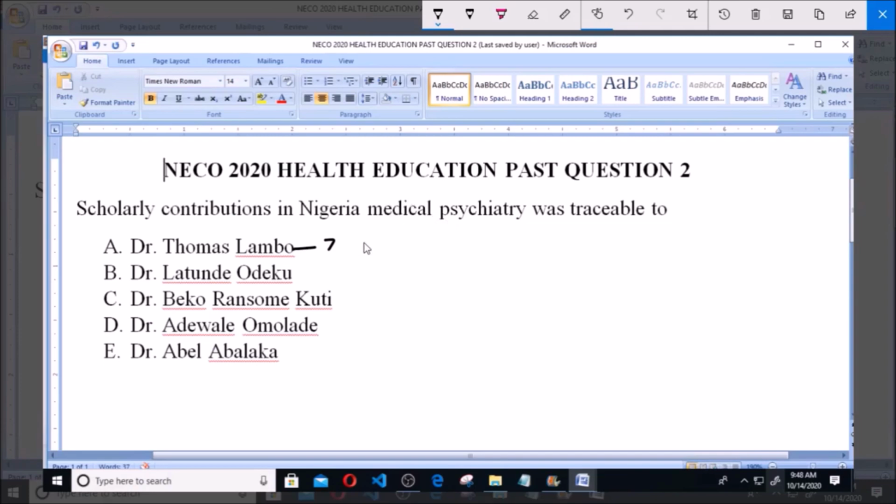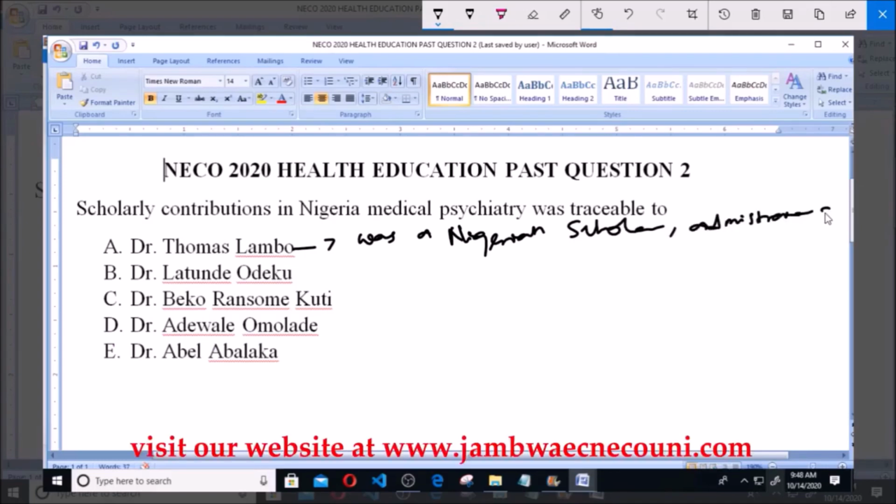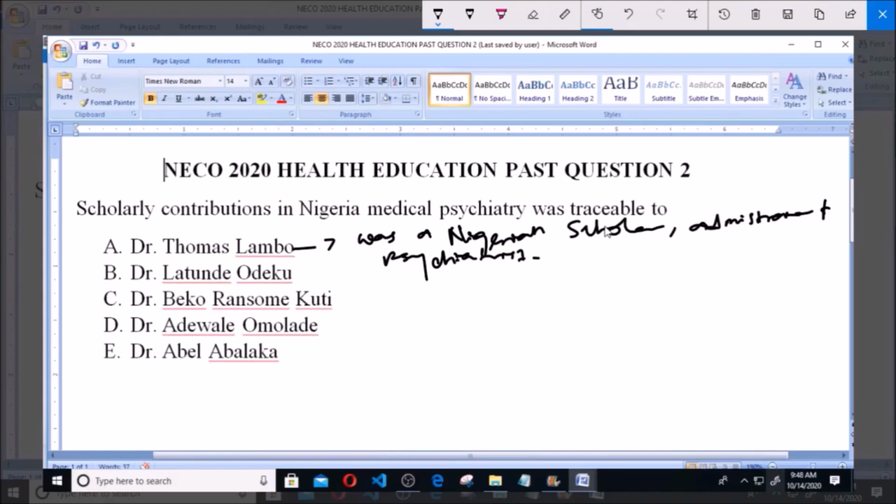Now, Dr. Thomas Lambo was a Nigerian scholar, administrator and psychiatrist. He was credited as the first written named psychiatrist in Nigeria and Africa.